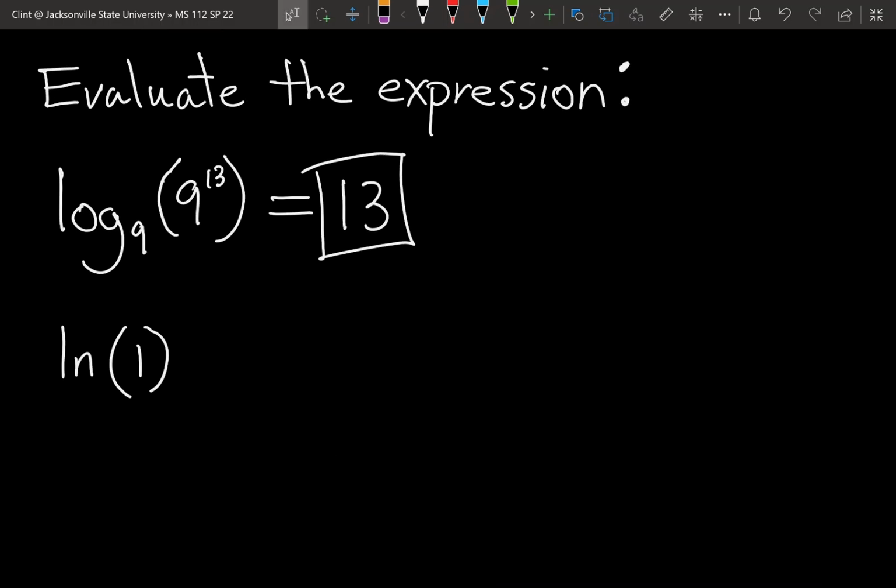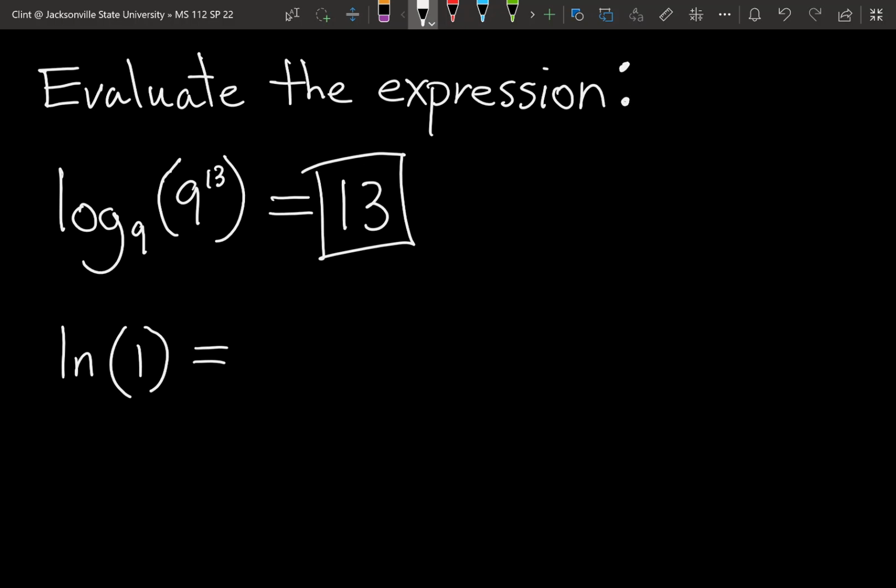How about this one? We've got the natural log of 1. What's that going to be? Don't let the fact that it's natural log bother you. Any logarithm of 1, remember what it's going to be?